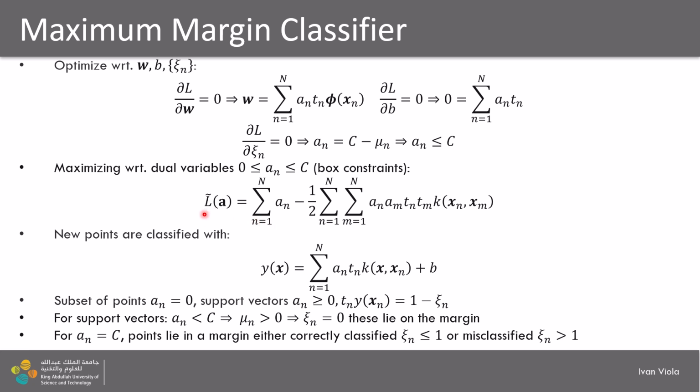Once we find that by means of optimization, like in this case quadratic programming, we will then be able to classify new points by this formula, where we do not even have the weights, because the weights have now been represented by these terms, where the kernel k(x, xn) is also representing the dot product of the feature vectors.